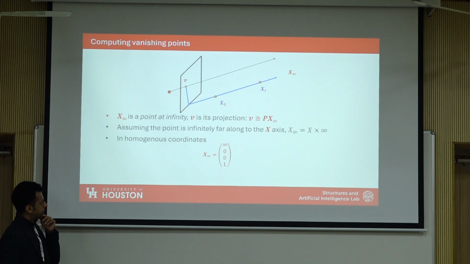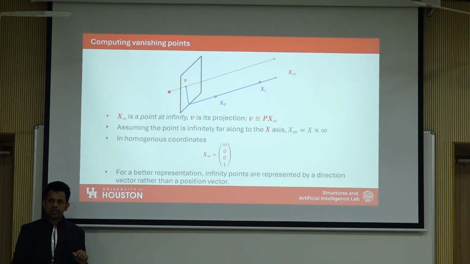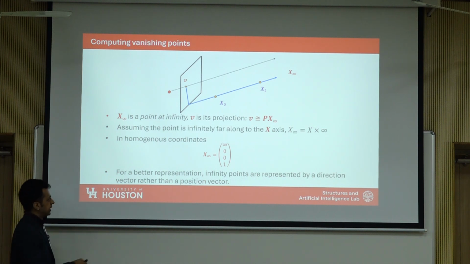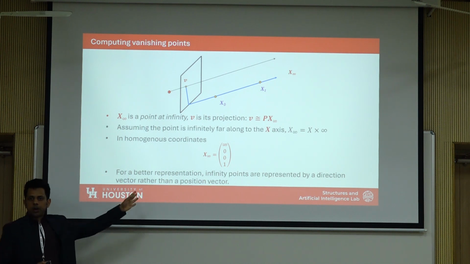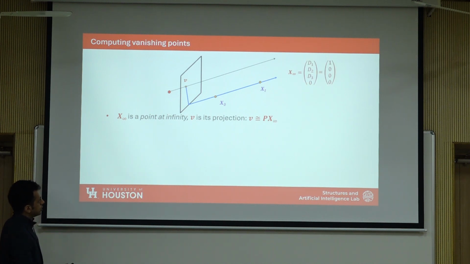But the way this is represented in homogeneous coordinates is a modification of this. Instead of writing it as infinity, 0, 0, 1, we preserve the most important information. What is the most important information for a point that's infinitely far away? The direction, right? So we want to preserve that direction. And so the way we write it is as so.